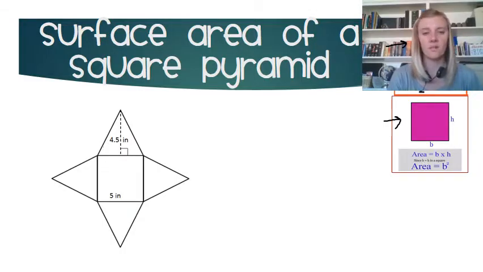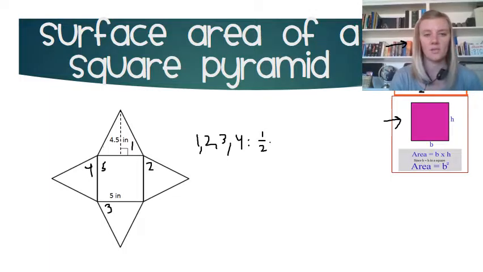So first of all, if we're going to label these faces 1, 2, 3, 4, and 5, 1, 2, 3, and 4 are all going to be the same, right? We're going to take 1/2 of our base, which if we're looking at this shape here, we're going to look at the bottom shape, and we know that with a square, since this is also side of our square, all the sides of the square are going to equal the same thing.